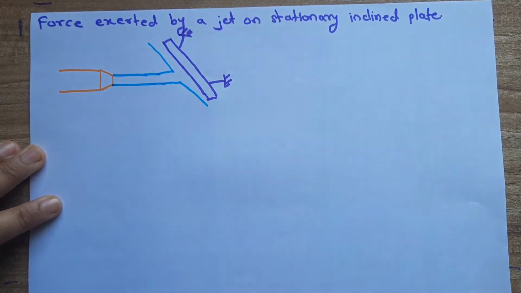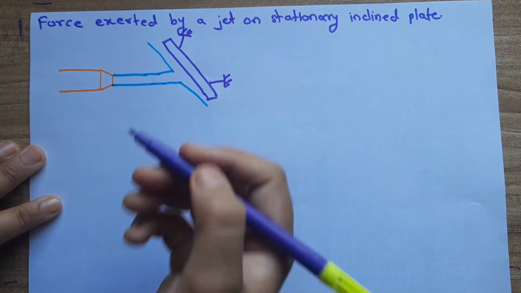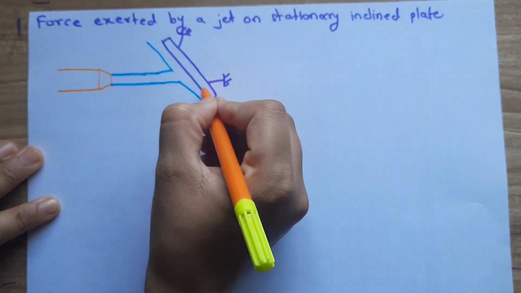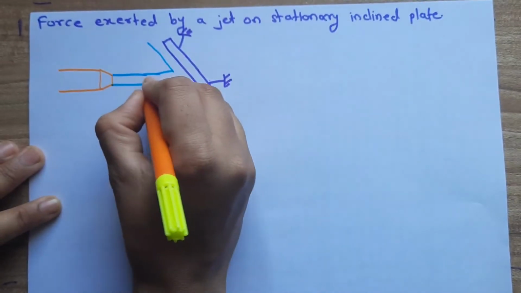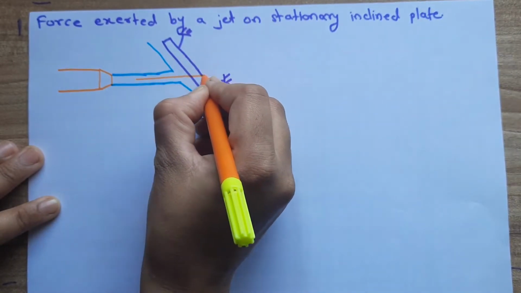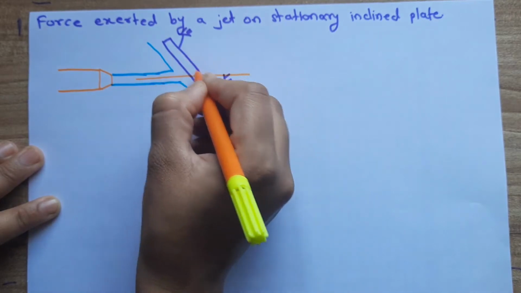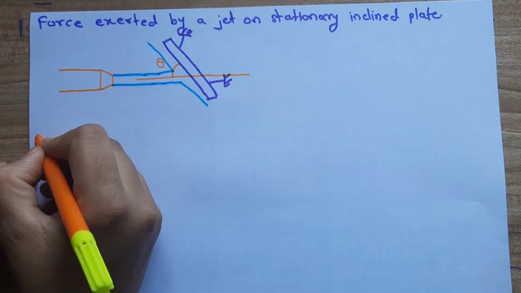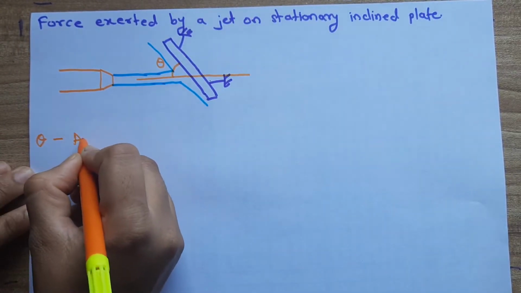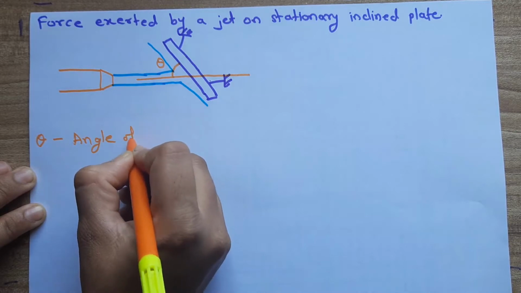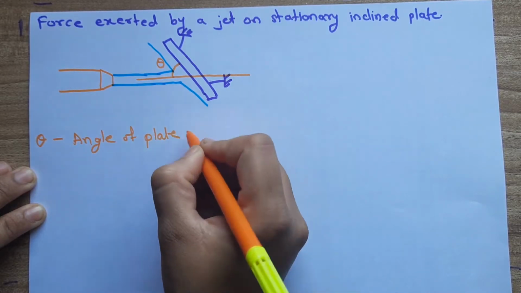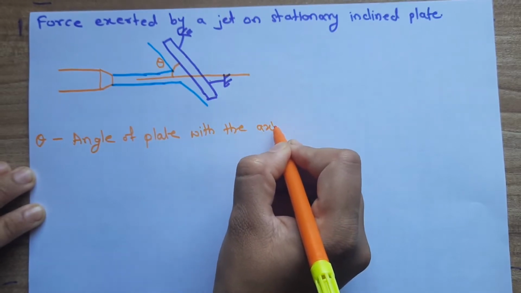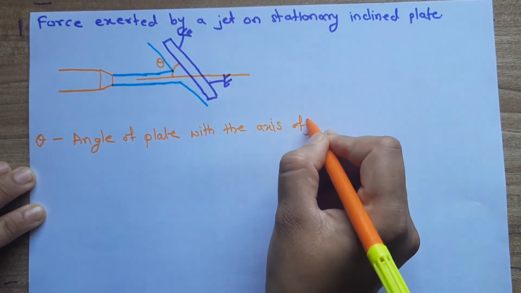Now in this case, let's say that the angle of this plate with the axis of the jet, this is the axis of the jet, is equal to theta. So let's say theta is the angle of the plate with the axis of the jet.